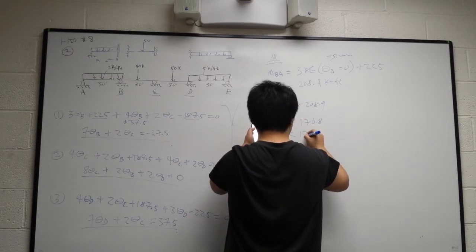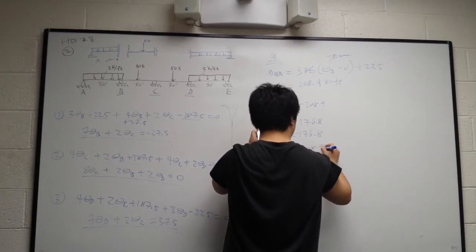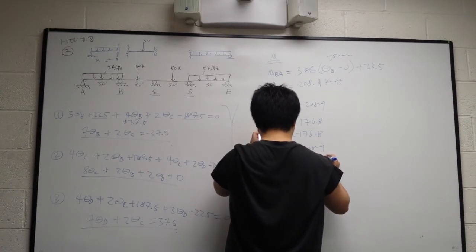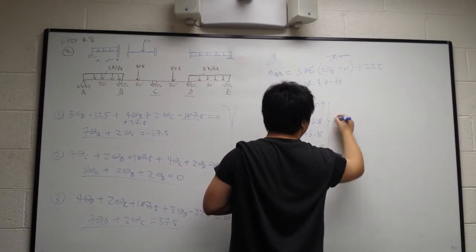CD is negative 176.8. And 208.9, negative 208.9. That's what you have. It's all kip-feet.